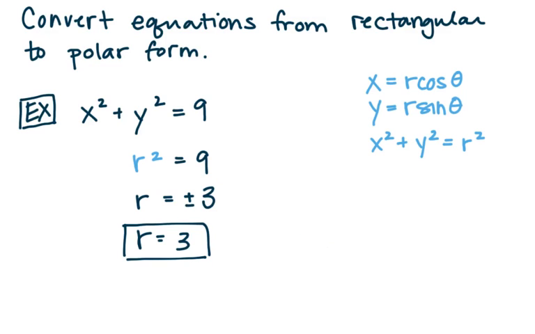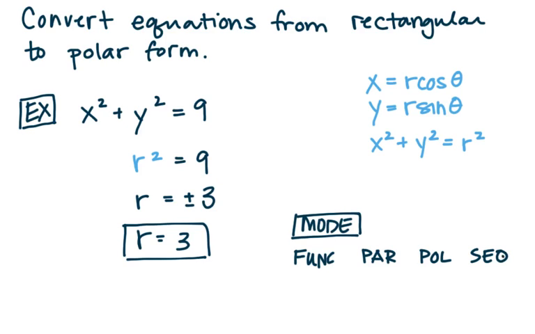Now I can't pull my calculator up on the whiteboard, but I do want to talk to you about how you could graph this on your graphing calculator. If you push the mode button on your TI-84 or whatnot, you'll notice that below where it says radian or degree, which you should feel comfortable switching between, you now see function, PAR, POL, and SEQ. PAR is for parametric, POL for polar, and SEQ for sequences.